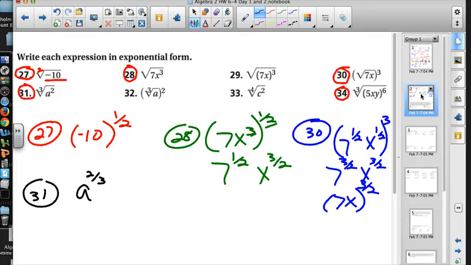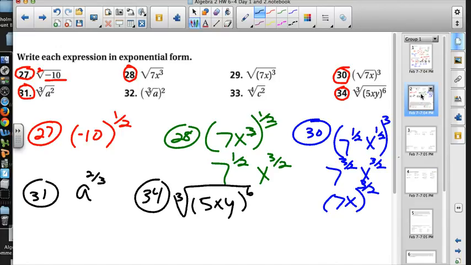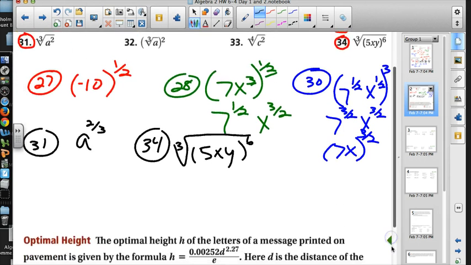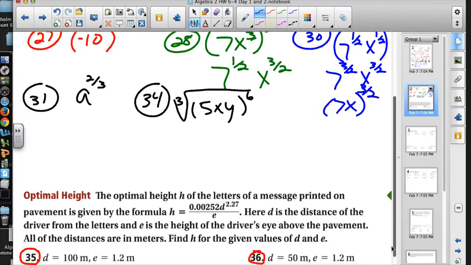Then in number 34, we have 5xy all to the 6th power, and then we want the cube root out front. Now, if you're struggling with this one, I want you to just think order of operations and distribute the 6. And then do the cube root piece, which would be putting the 3 on the denominator of that fraction, so 1/3 power.